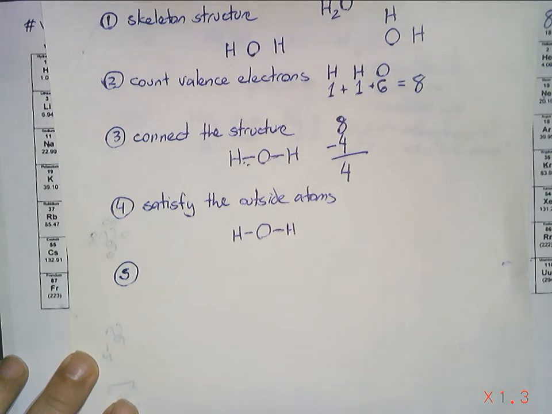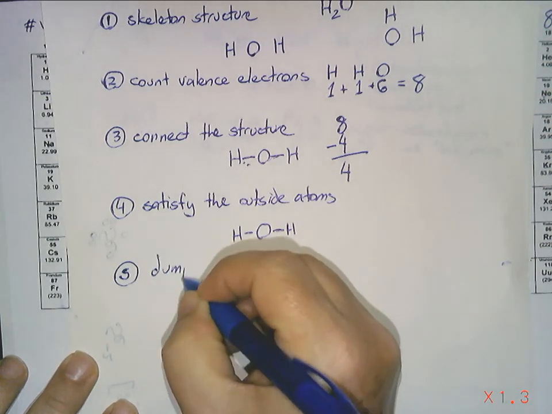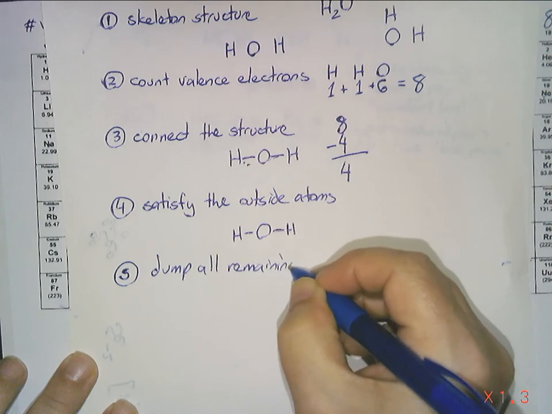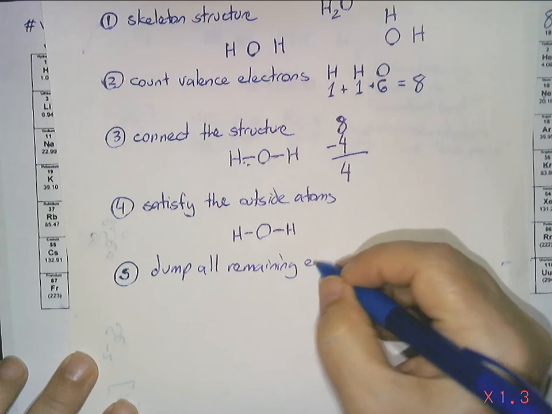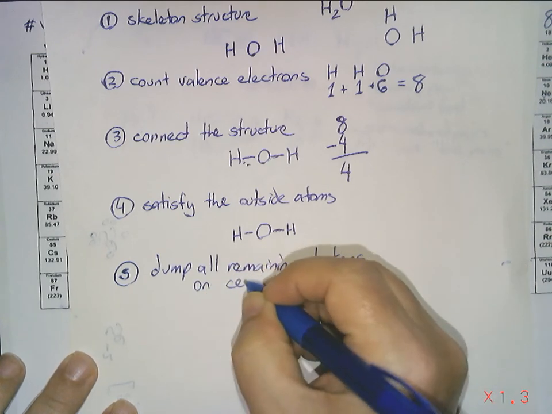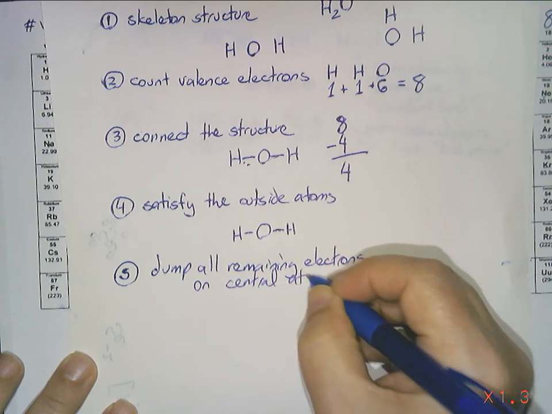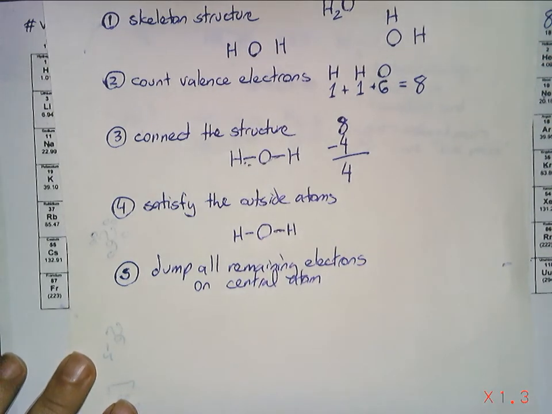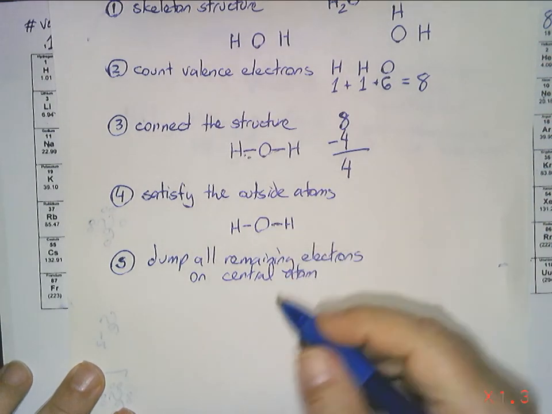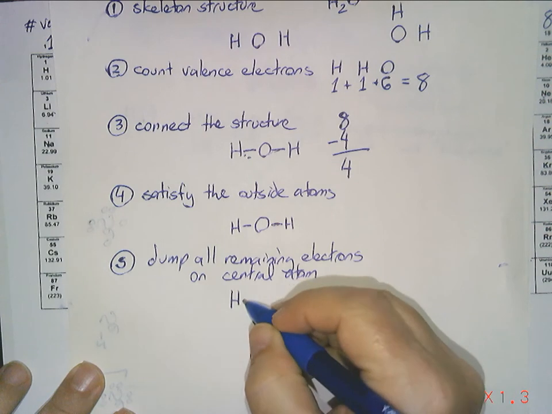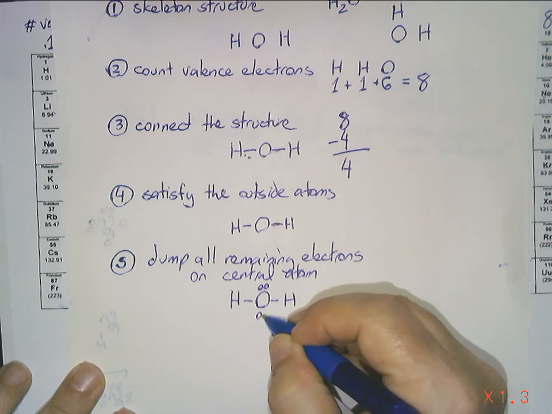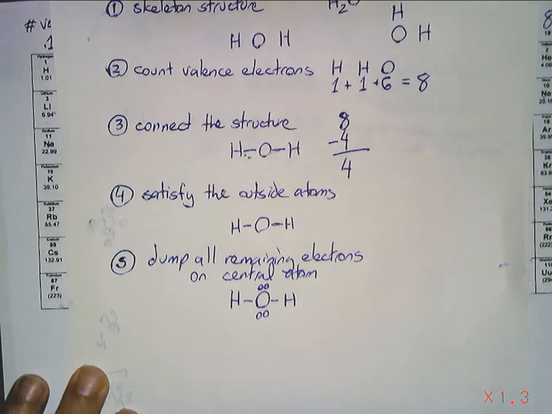The next thing I want to do is dump all the remaining electrons, after the outside ones are satisfied, on the central atom. Okay, so I have 4 remaining electrons. I want to dump them all on the oxygen. And remember that thing about I'm going to dump them so that I have north, south, east, and west positions kind of filled up.